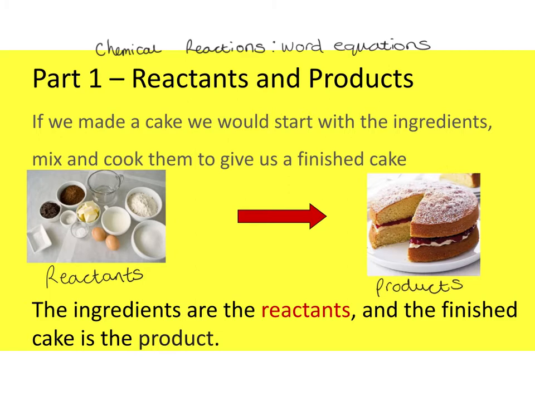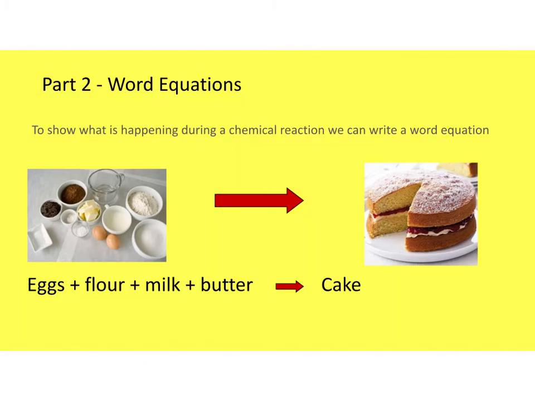So the reactants are all our ingredients, the things that we start with, and then what we end up with is our finished product. Okay, and this is just a nice example. If we make a cake, we would start with the ingredients, mix, cook them to give us the finished cake. So if I was to write this as a word equation, obviously I've got my reactants, and then I've got my products. So we can always work out this.